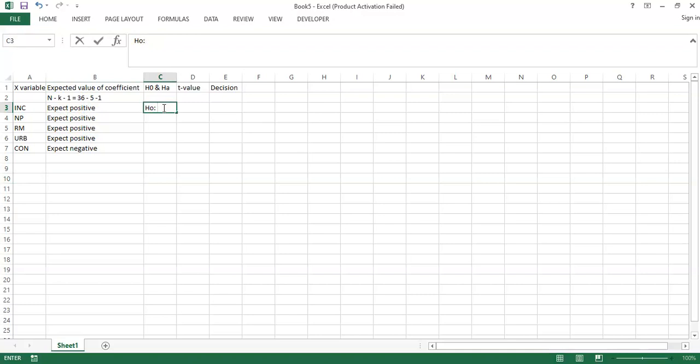We are dealing with the coefficients, our beta coefficients. Because we don't expect it to be positive in terms of the null hypothesis, it's either equal to or less than 0. That will make it negative.